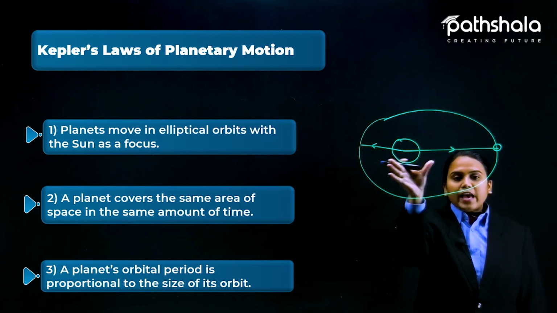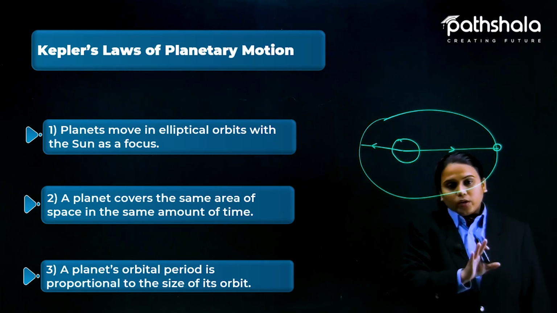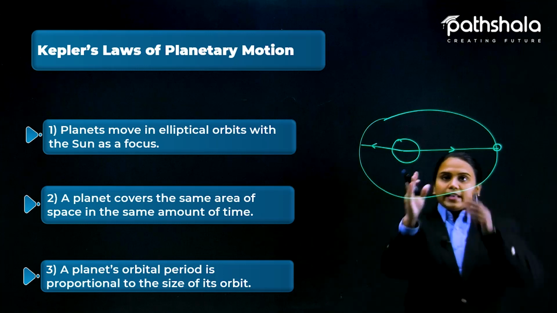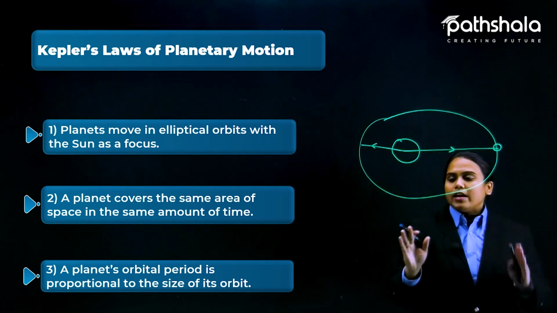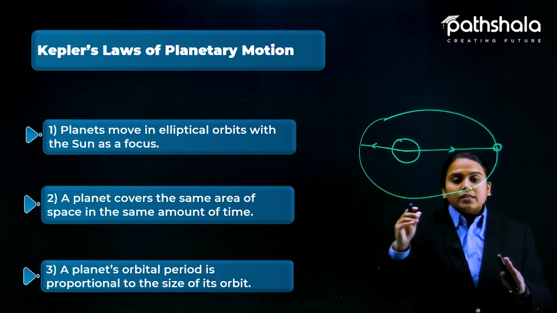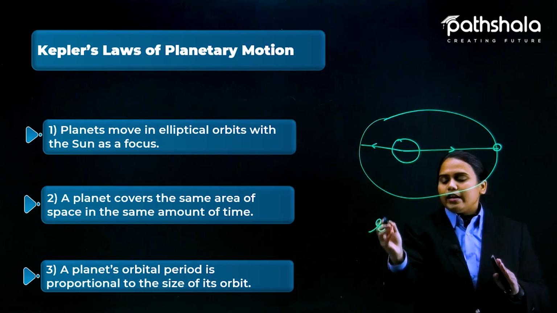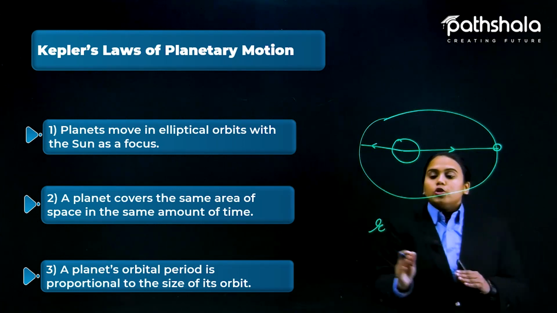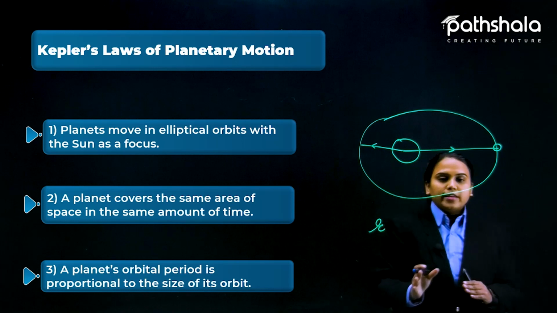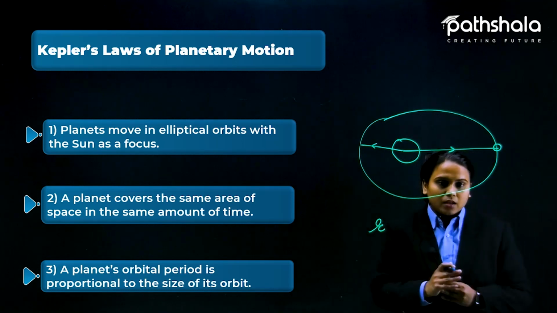So can we take the average of the distance? Let's suppose we take the average of these two and we have a certain distance, and we consider it as r. So r is the average distance between the earth and the sun.